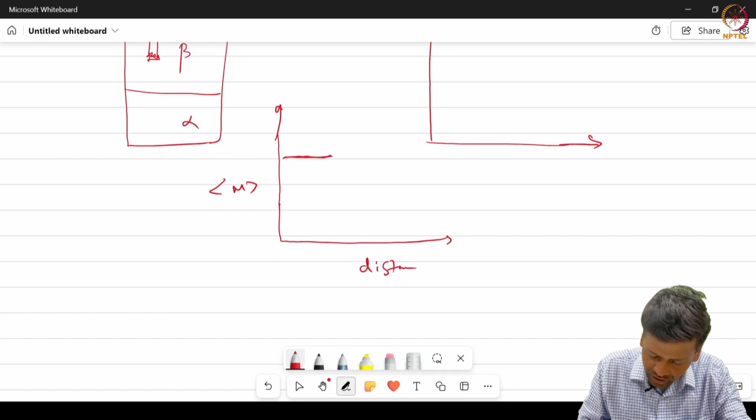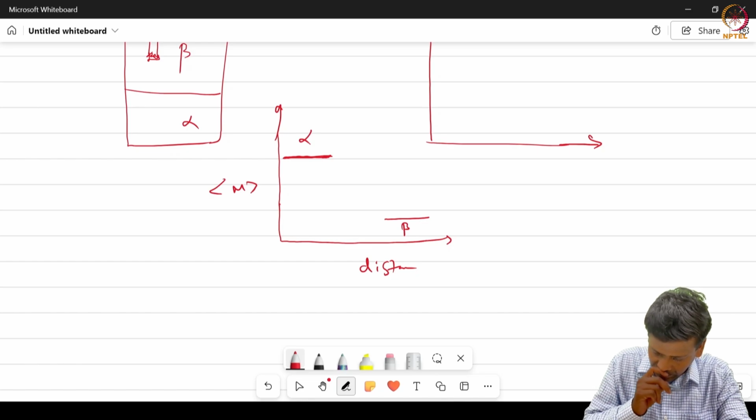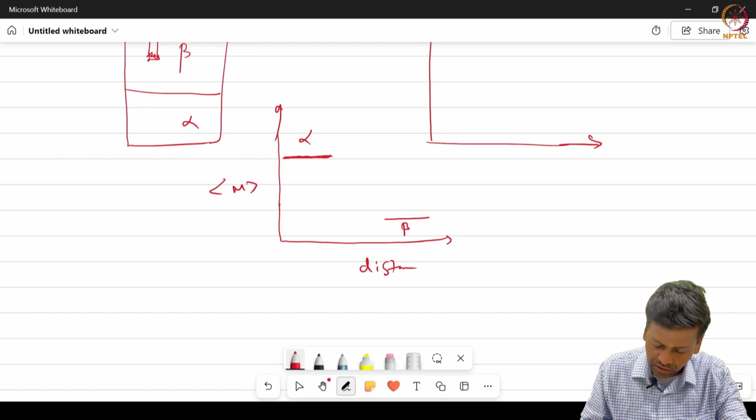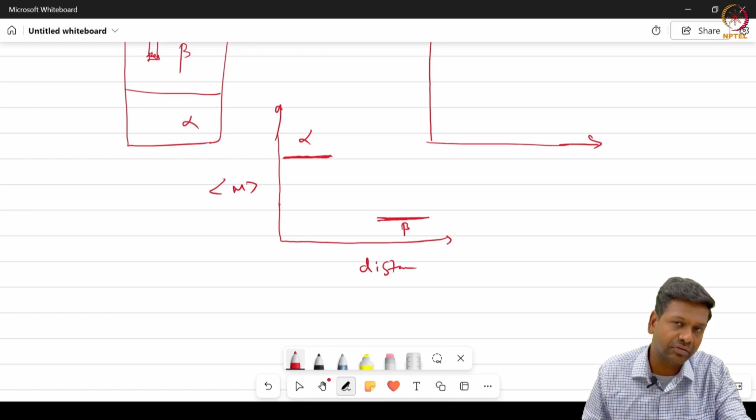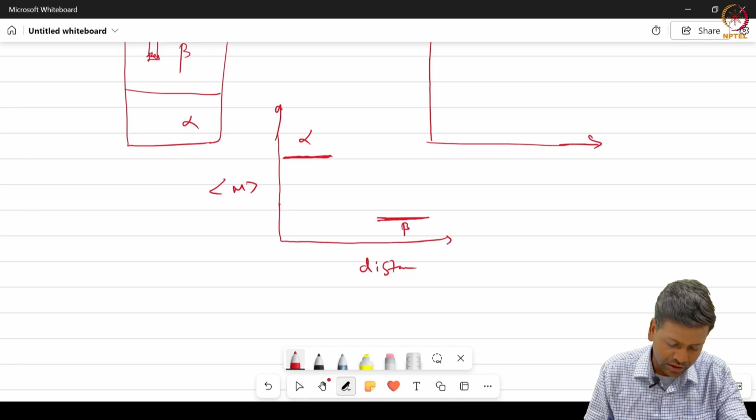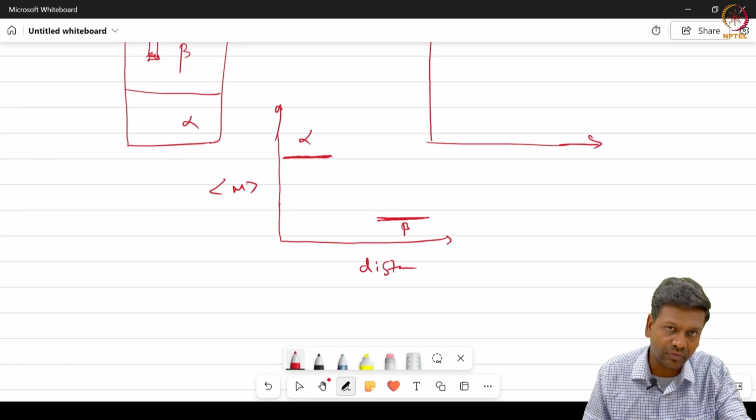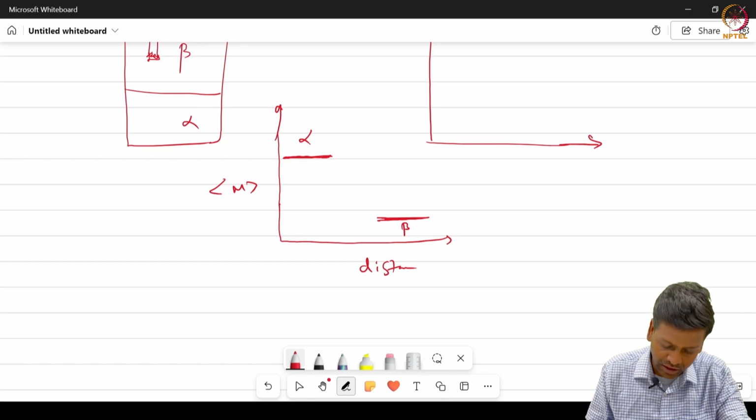Similarly in the bulk, which is beta phase, it will have the same value throughout the bulk, because alpha phase is a homogeneous phase, beta is itself a homogeneous phase, separately or individually. So when you measure, the property will be same throughout this phase, property will be same throughout this phase.